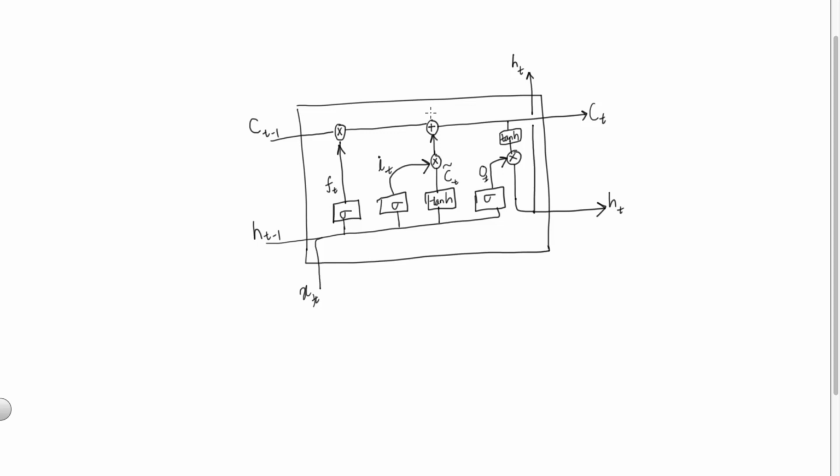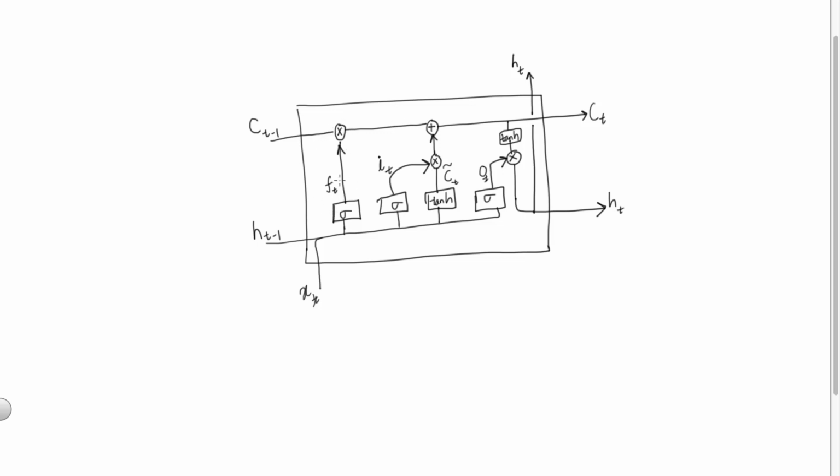These gates are a way to optionally let the information through, and they are composed of sigmoid layers. The sigmoid layer outputs numbers from 0 to 1. If it outputs 0, it means that nothing is to be passed through the cell state, because this is a multiplication operation over here.